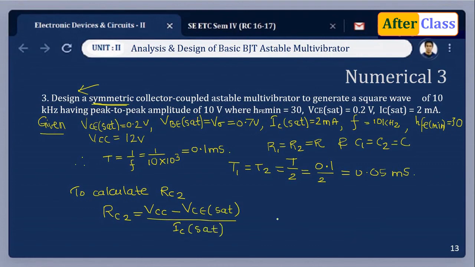This is from the output equation that we have discussed earlier. 10 minus 0.2 into 10 to the 2 into 10 to the power minus 3, it is 4.9 kilo ohms. So RC1 equals RC2 equals 4.9 kilo ohms.